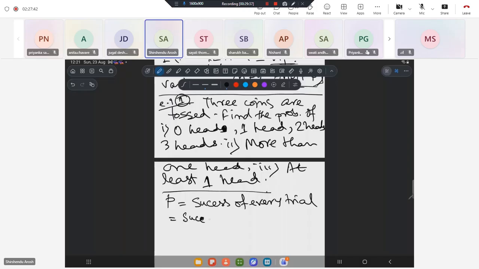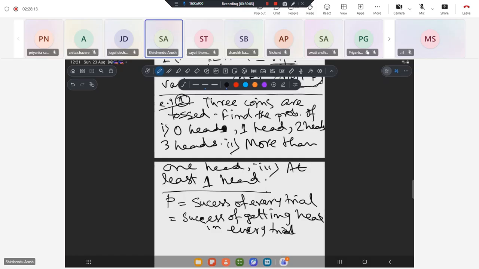Success of getting a head in every trial. Observe, I am defining the success here in terms of getting heads. If you are not getting a head, then it is failure. So I can model the experiment on the basis of this.